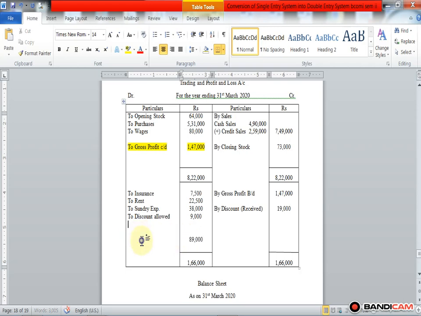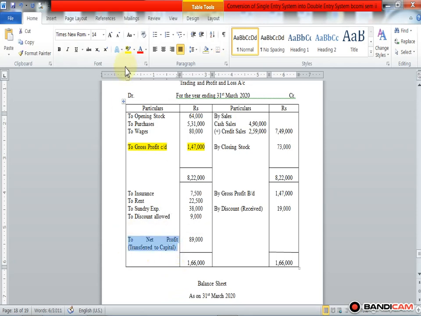Okay, so 89,000 is the difference, and that difference is called to net profit, transferred to capital.